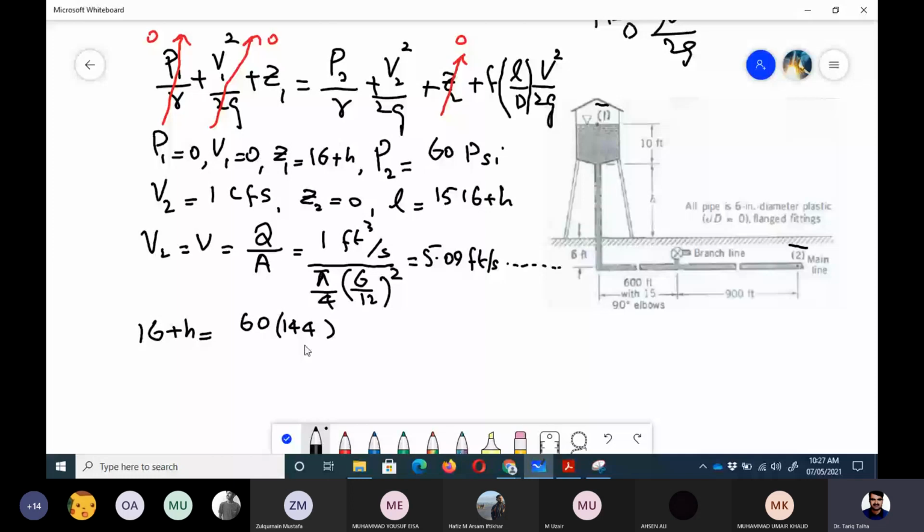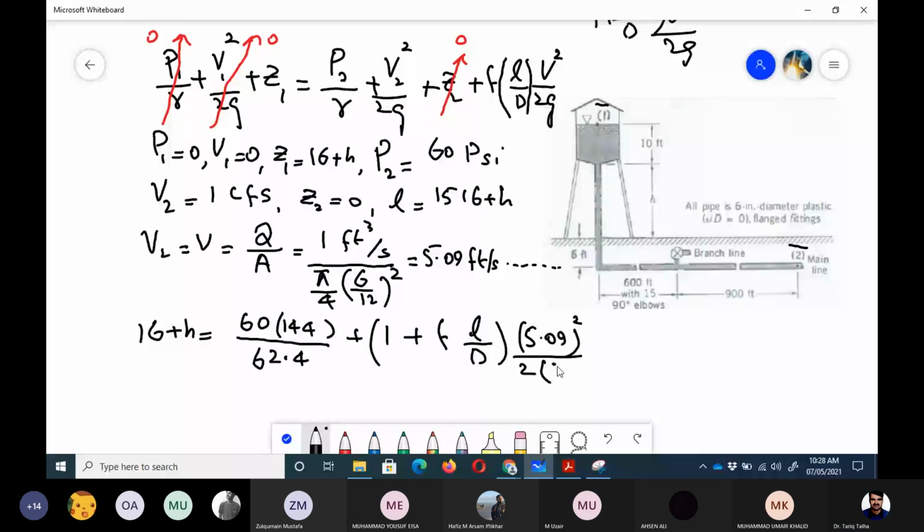And the gamma value is given in the statement, that is 62.4 pound per feet cube. Okay, and then we have these two terms, which is 1 plus FL upon D, V square upon 2G. So V square in this case is 5.09 square divided by 2G, 2 into 32.2, that is the gravitational constant.